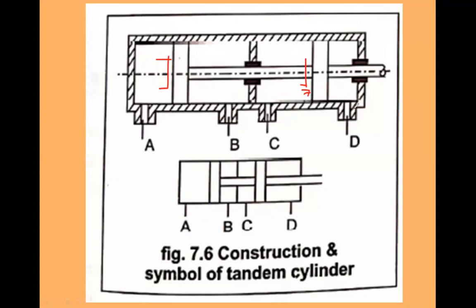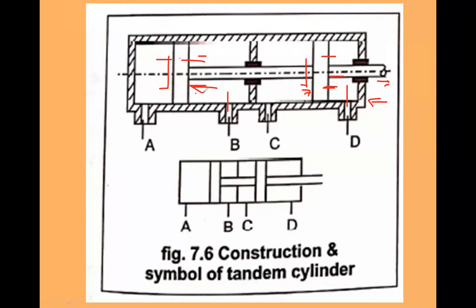At that time the piston rod will move in the forward direction. When the fluid comes through the D port and B port, then force will exert from this side, and the piston rod will move in the downward direction, that is, the retraction action will take place.